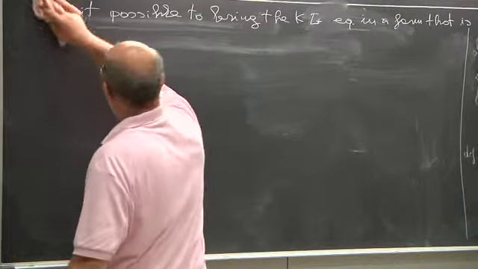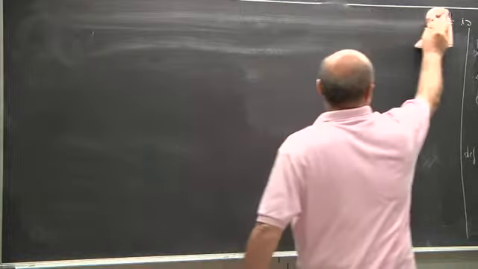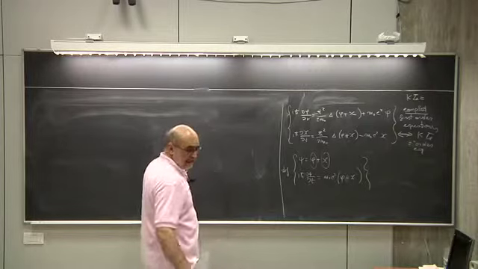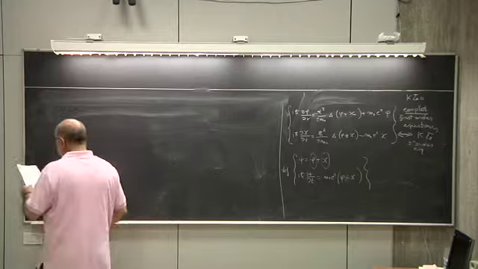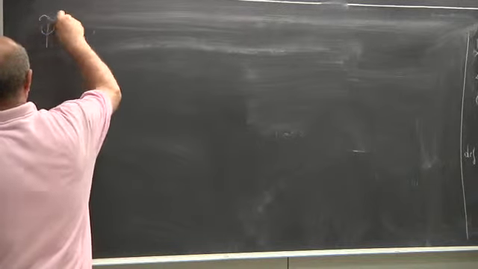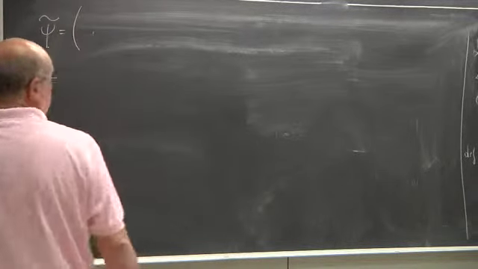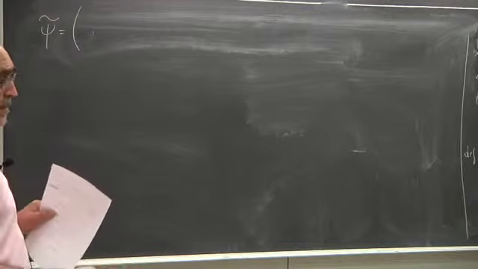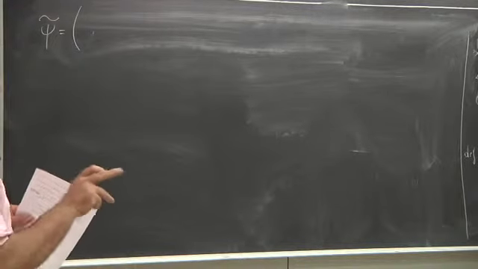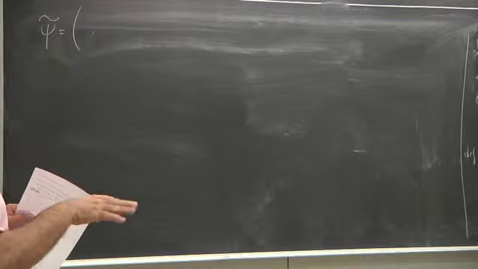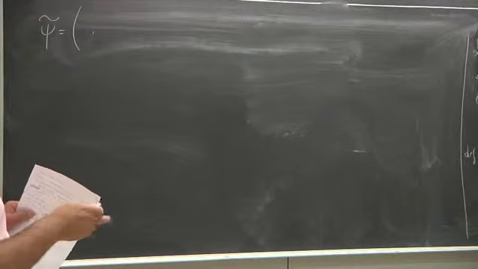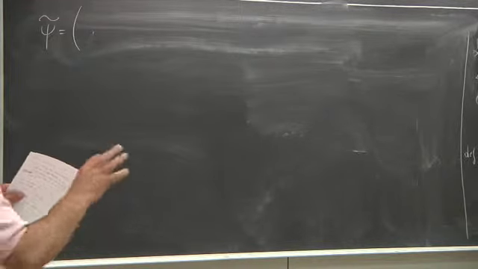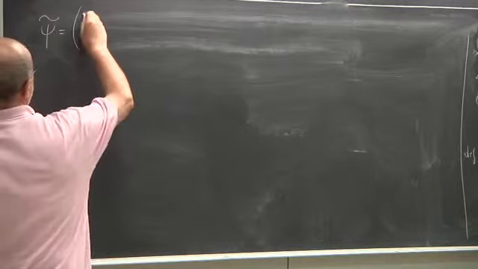But now I don't like these. There is a way to write them in a more compact form. If you introduce the following object, as you did for the Pauli equation when you had spin: a particle with spin in a magnetic field, the Schrödinger equation becomes the Pauli equation, and the Pauli equation has two components.